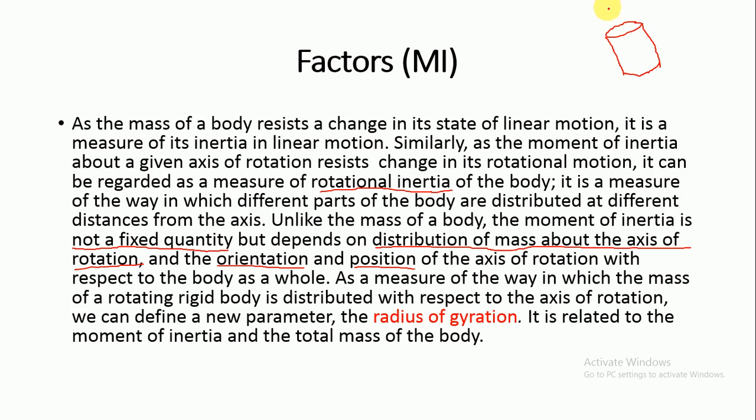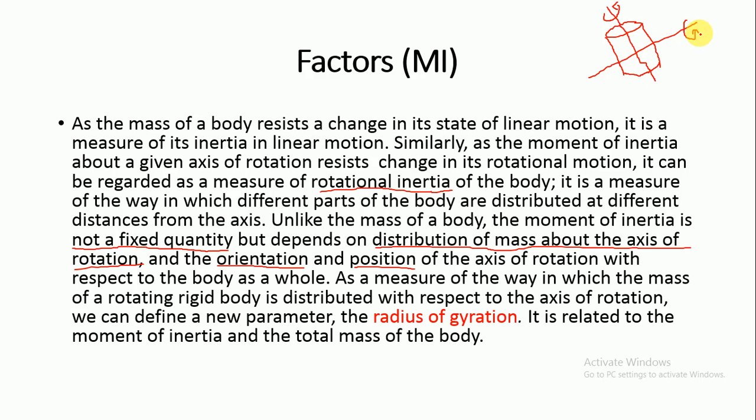If the axis of rotation is this, it would have a different moment of inertia. But if this is the axis of rotation, the moment of inertia would be different. So moment of inertia depends upon the orientation and position of the axis of rotation.